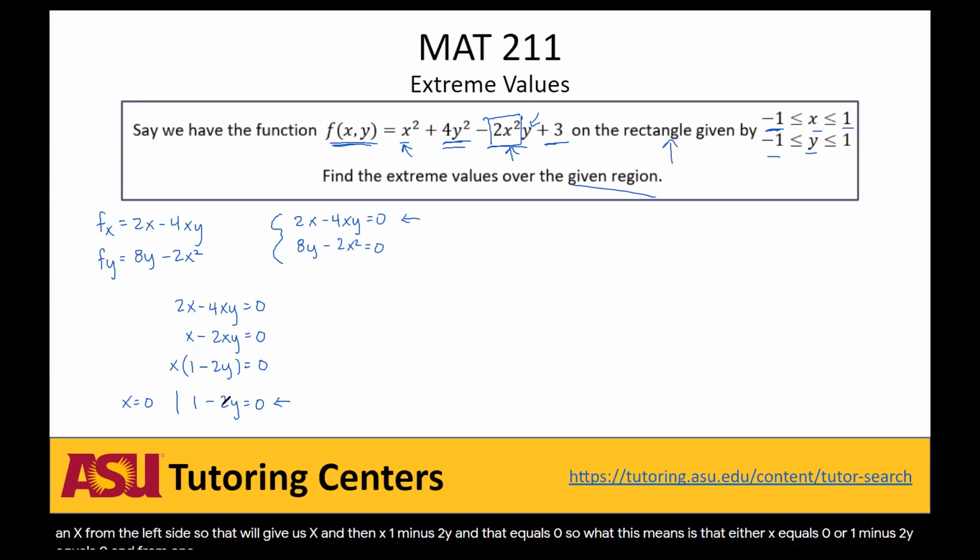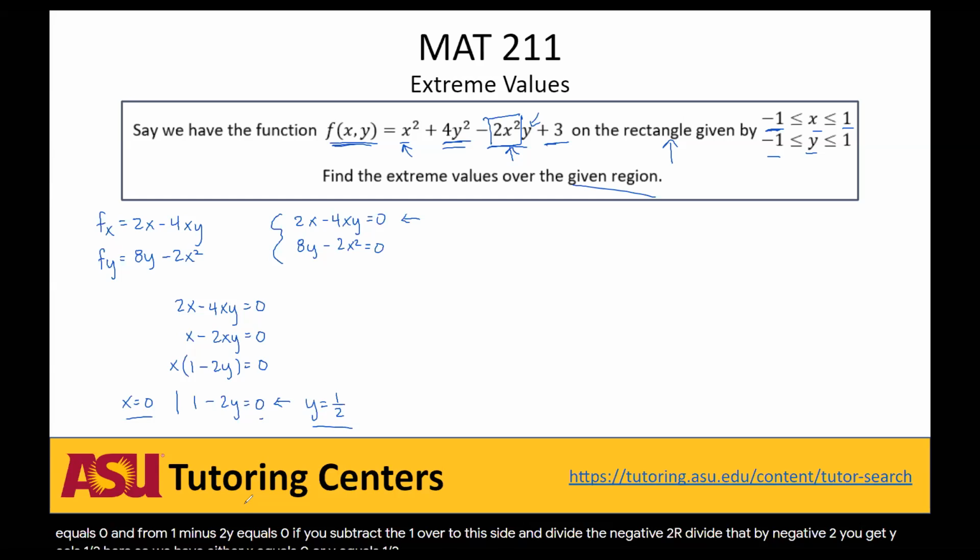And from 1 minus 2y equals 0, if you subtract the 1 over to this side and divide by -2, you get y equals 1/2. So we have either x equals 0 or y equals 1/2. We're going to consider both of these cases separately and find the corresponding values of the other variable.